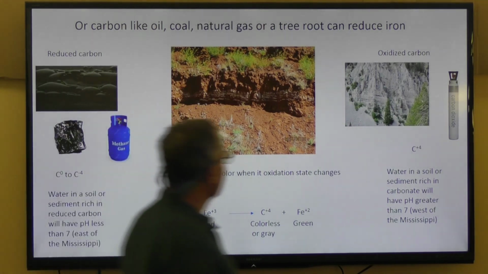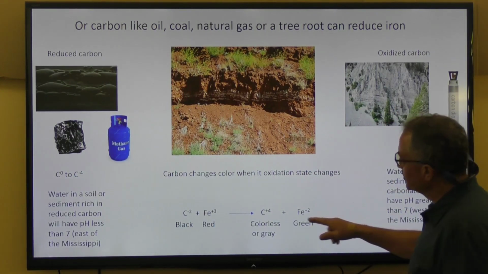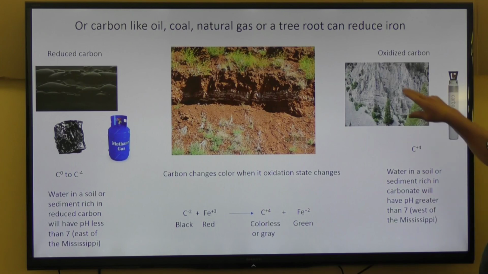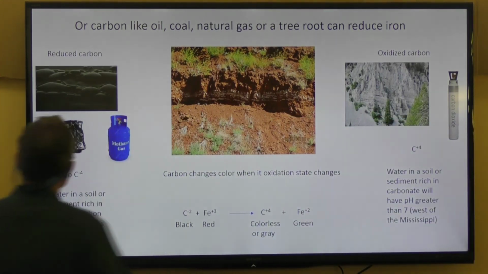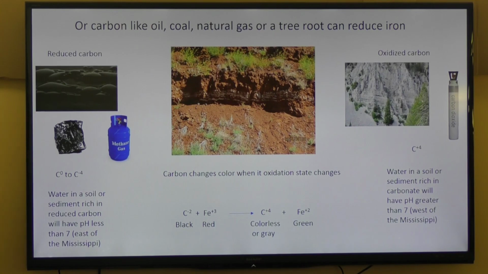When you reduce the iron and oxidize the carbon, you can make limestone or carbon dioxide. Those are oxidized. Reduced carbon has hydrogens hooked to it, not oxygen. Oxidized carbon has oxygen attached to it, makes a carbonate.